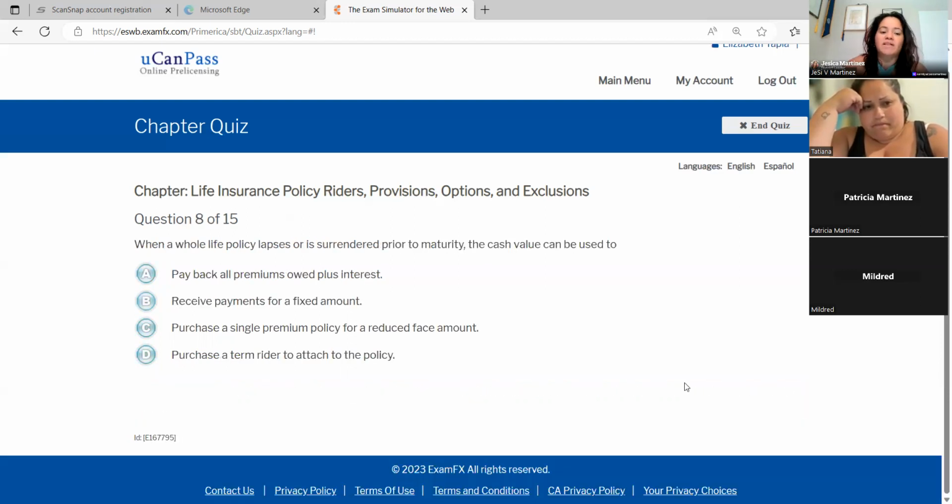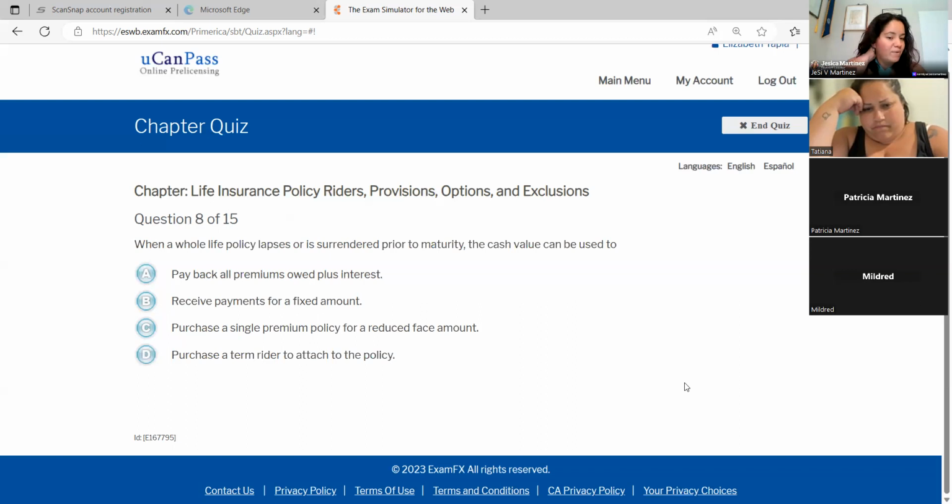Question 8. When a whole life policy lapses or is surrendered prior to maturity, the cash value can be used to A, pay back all premiums owed plus interest, B, receive payments for a fixed amount, C, purchase a single premium policy for a reduced face amount, D, purchase a term rider to attach to the policy.